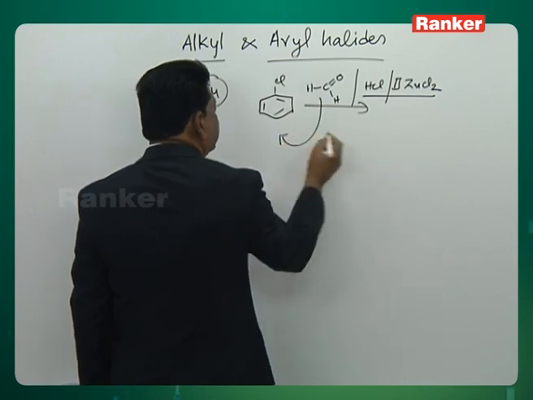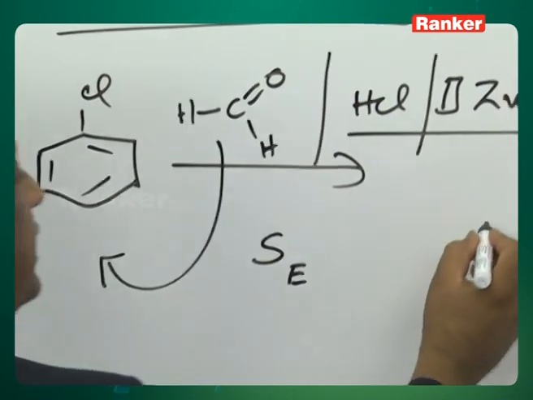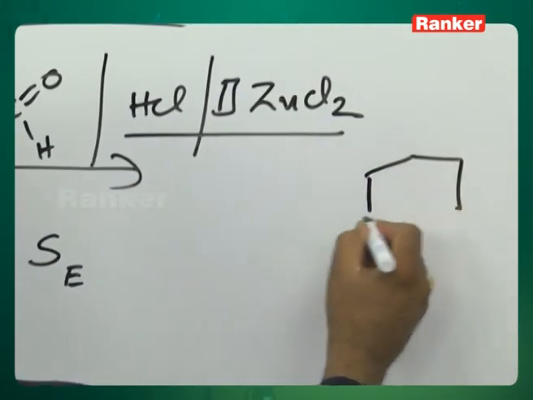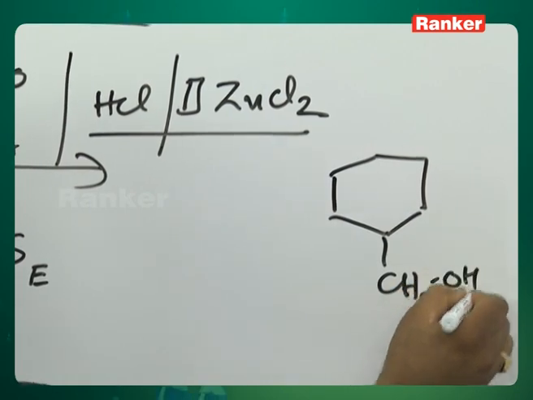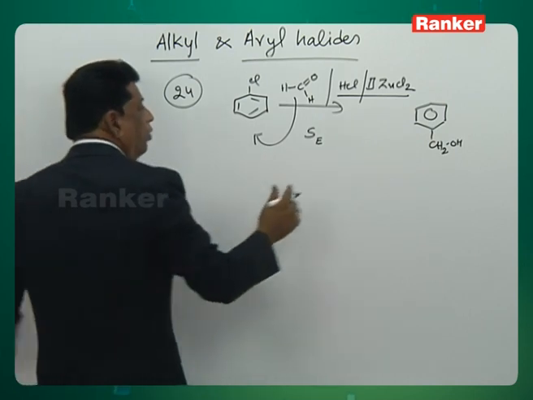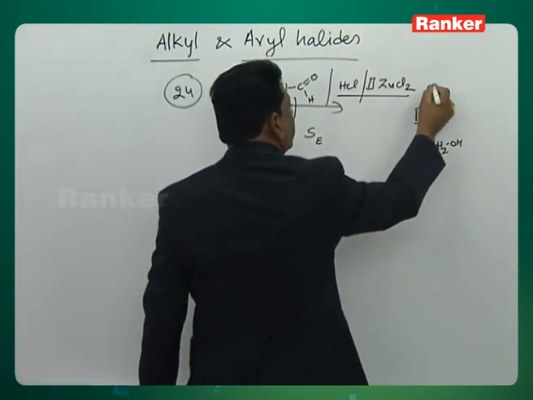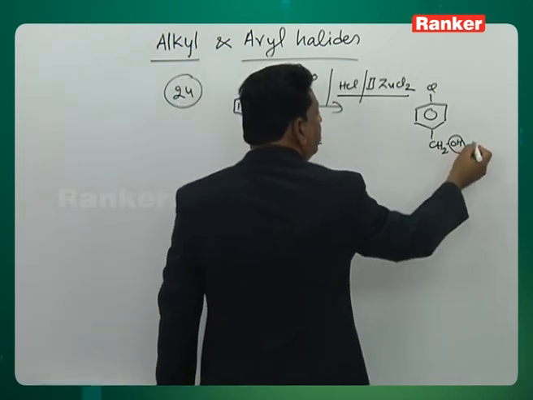It's an electrophilic substitution, and the reaction takes place at the para position. So initially you will get a CH2OH, the OH is replaced, because Lucas reagent is there, it will become Cl.